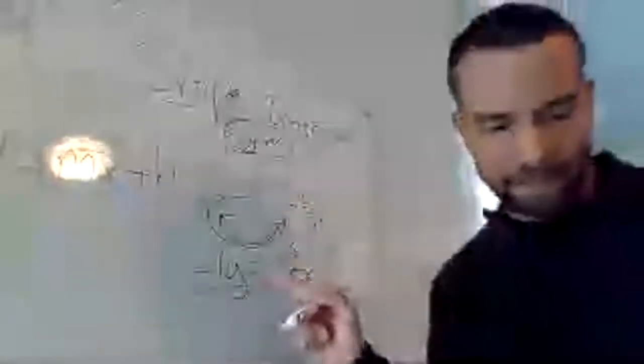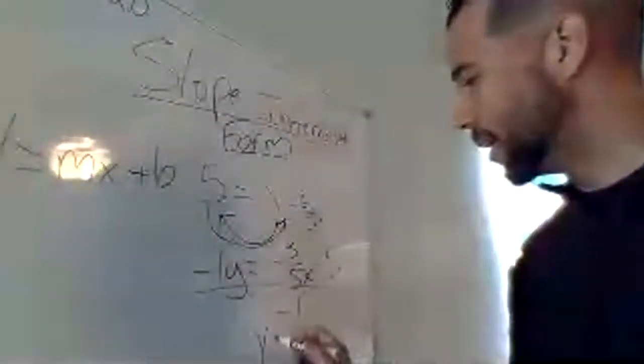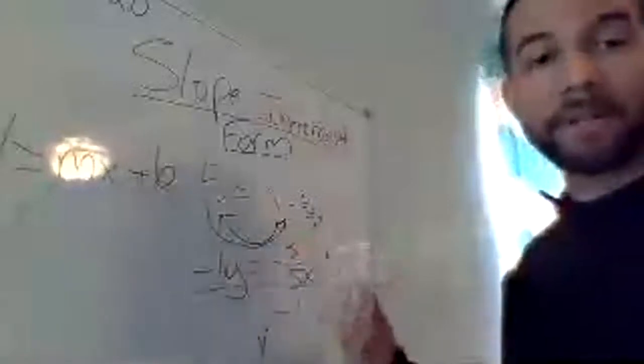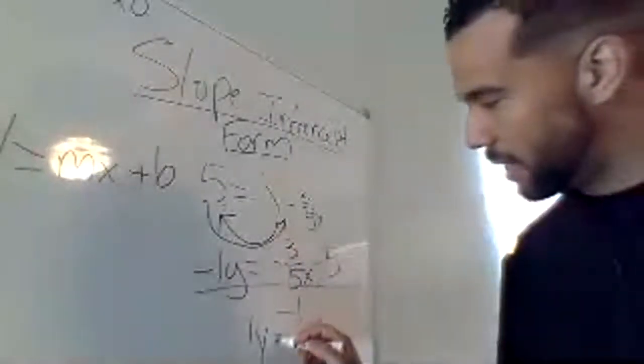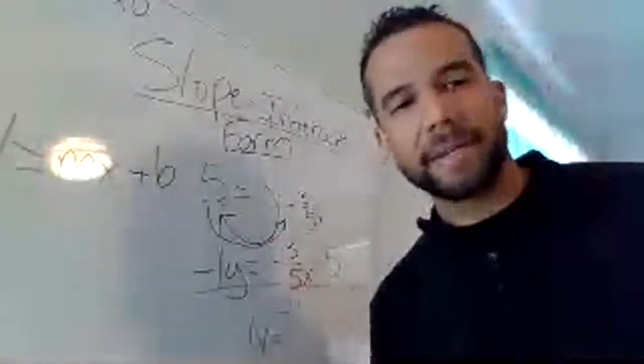Because I need to get the y by itself. So when I divide this whole thing by negative 1, I get y, because negative 1 divided by negative 1 is positive 1. So this is still positive 1y, equals, now, a negative divided by a negative is a positive.